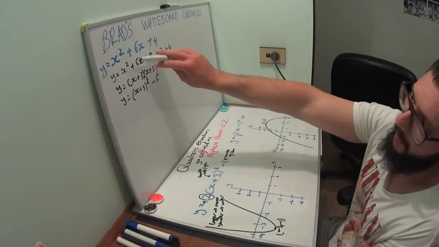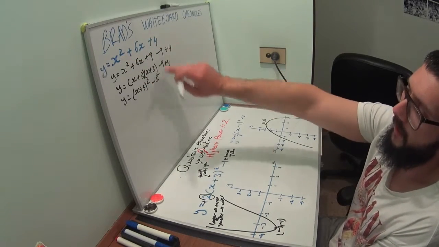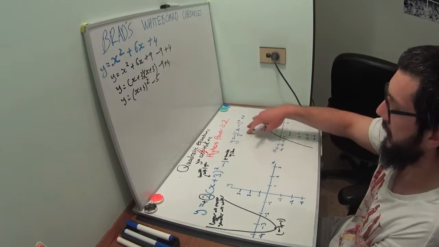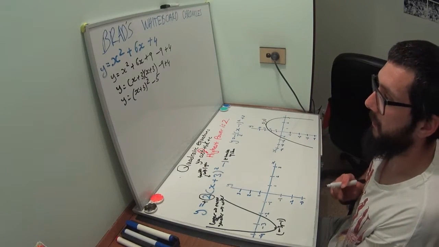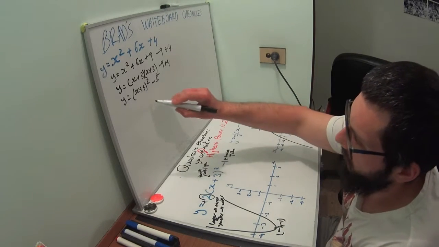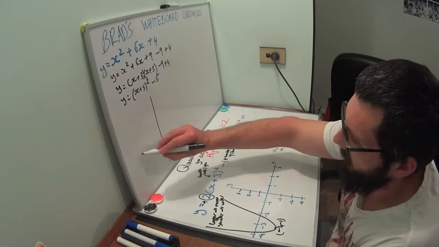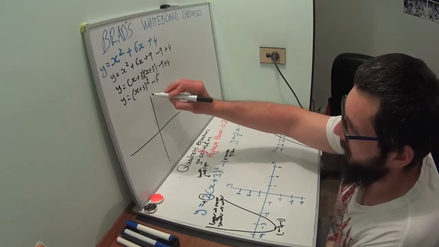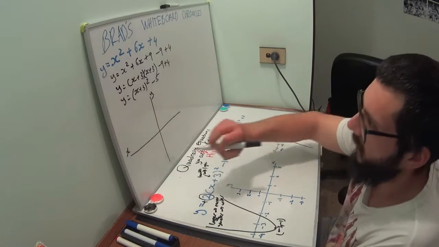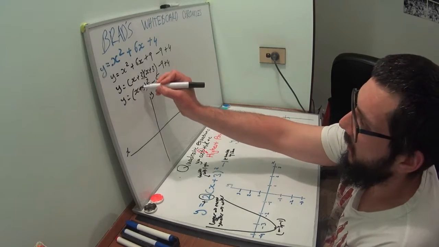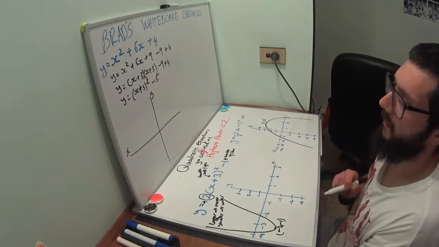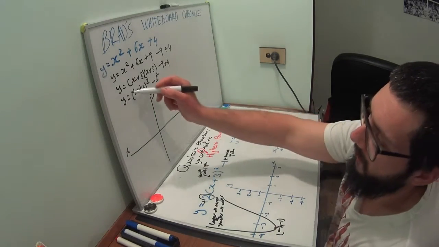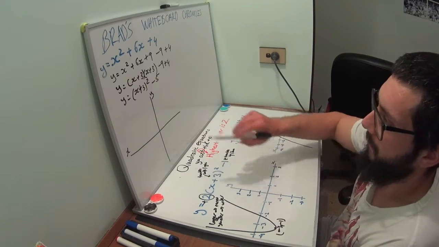Alright, so now you can see I've converted this equation into these forms that we've seen here. So now if I was to plot that, it's positive, so I know I'm going to have a positive parabola.